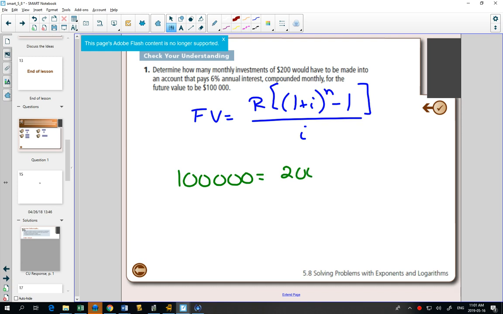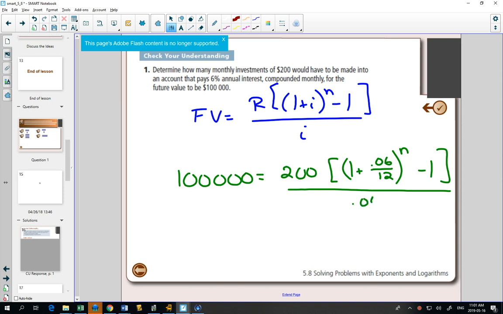We're plugging in 200, 1 plus, and the interest rate per compounding period in this case would be 0.06 divided by 12, to the n, minus 1, over 0.06 divided by 12.